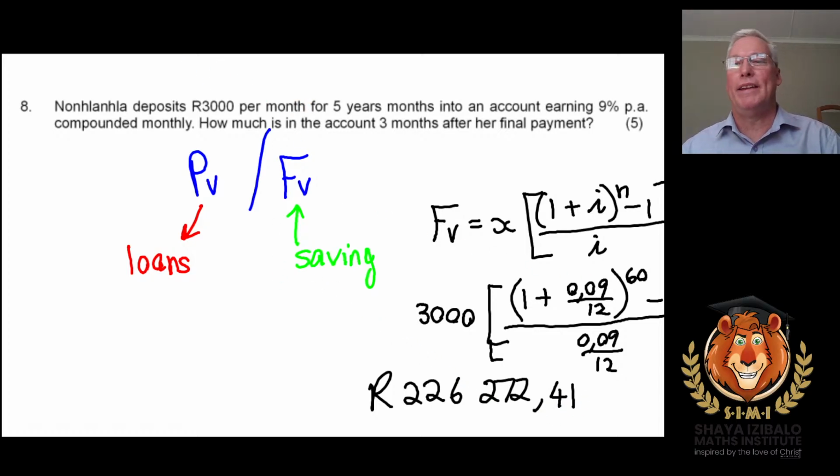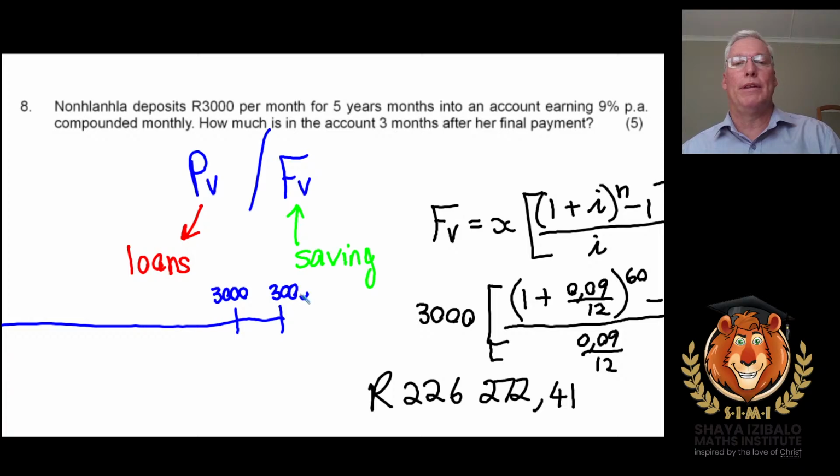But if you were paying attention earlier, you'll remember that little picture I showed us: the future value formula actually gives us the value as at Nomsa's last 3,000 Rand payment. So we found the value here. That's what that number represents. Then it asks how much is in the account 3 months after that.